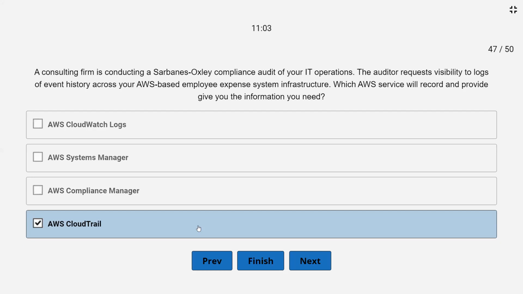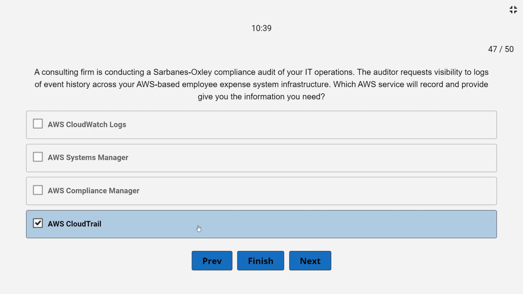It's an audit of your IT operations, right? The auditor requires visibility to logs of event history across your AWS-based employee expense infrastructure.